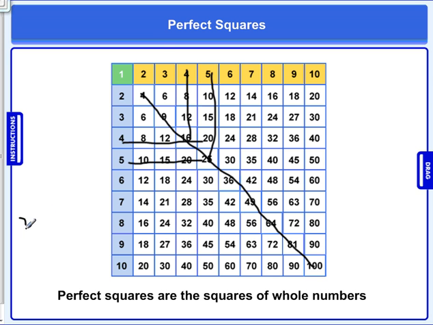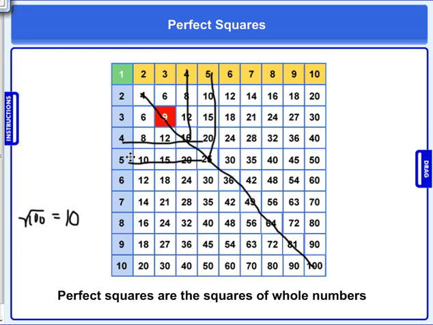Because if you have the square root of 100, it's going to equal 10 because 10 times 10 equals 100. So they are all of these. All right.